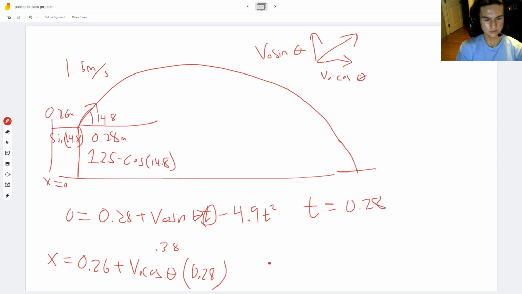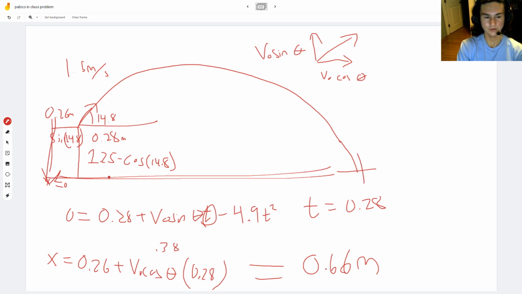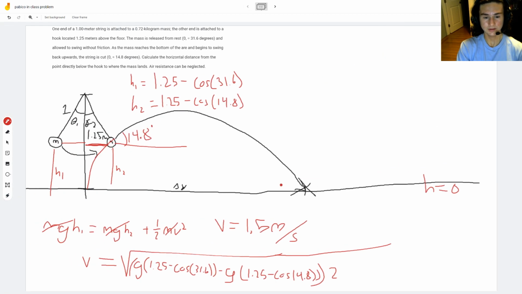So when we plug this all into a calculator, 0.26 plus 1.5 cosine of 14.8 times 0.28, we get a value of 0.66 meters for the total distance traveled from this point, which is what the question is asking. So that's going to be your final answer.